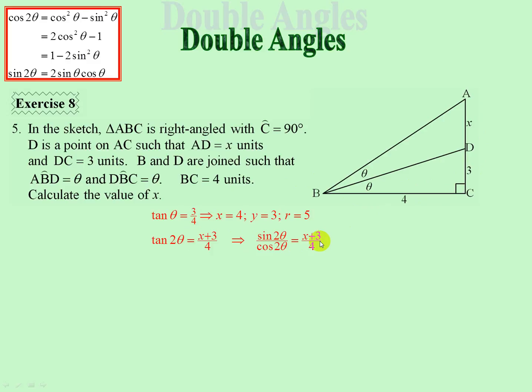We're now going to expand those two: 2 sine theta cos theta over 2 cos squared theta minus 1. I'm going to put y over r, x over r, x over r. It simplifies to 24 over 7. Solve for x.